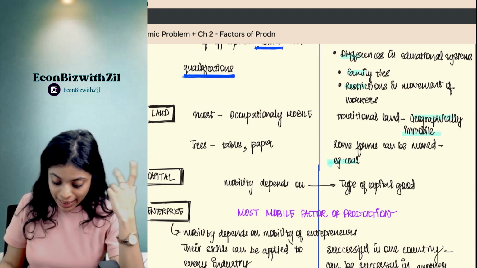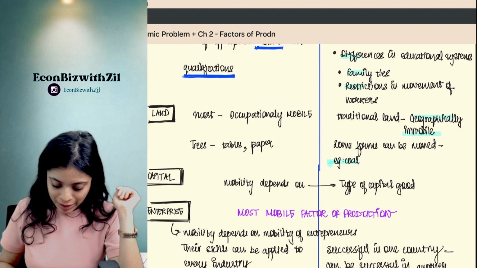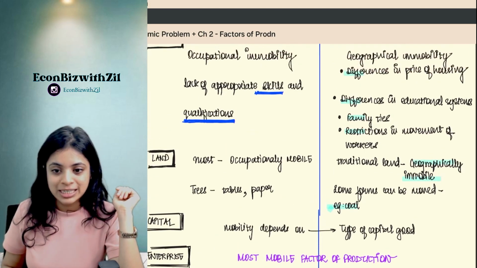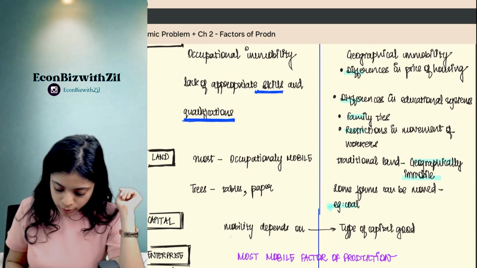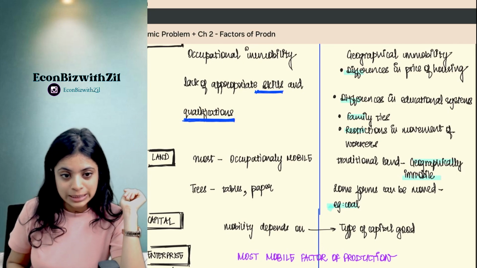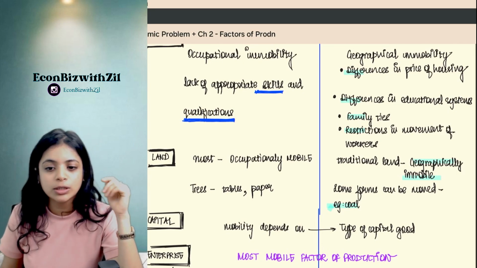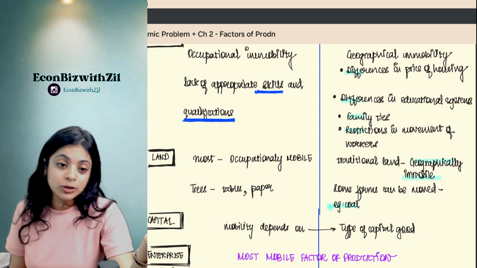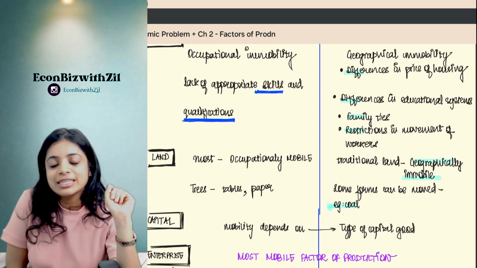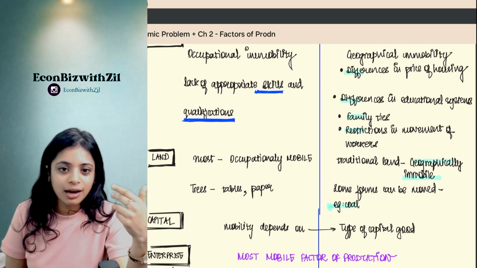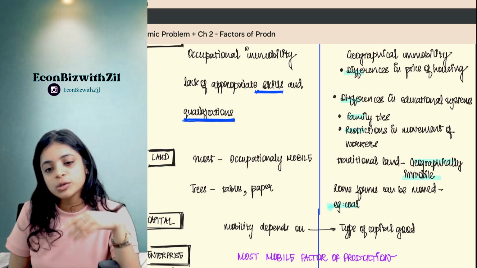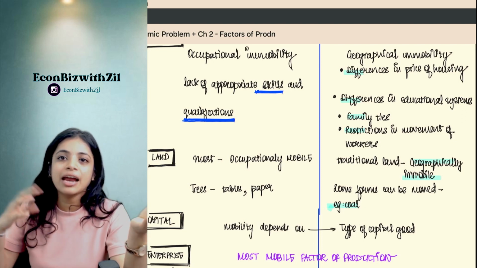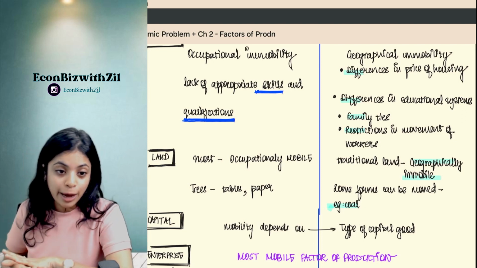Next, capital. Capital mobility depends on the type of capital good that we're talking about. Both your occupational mobility and your geographical mobility will depend on the kind of capital good. For example, the delivery van example that I gave you at the start: if it's a van used for delivery services, it can very well be converted to an ambulance.